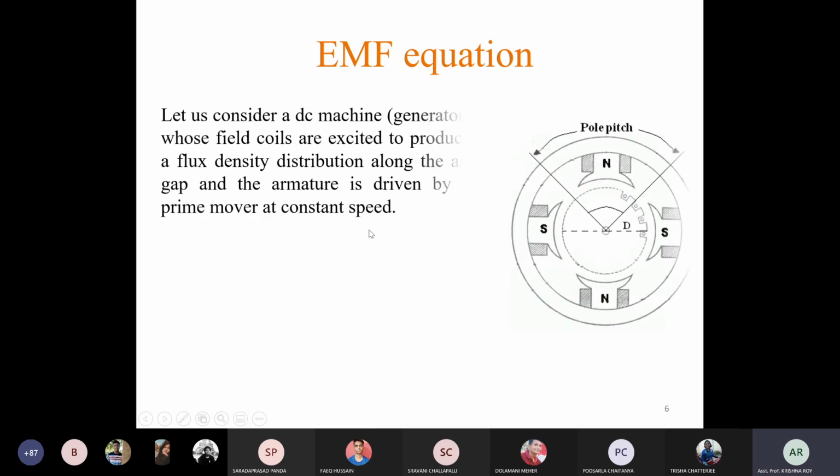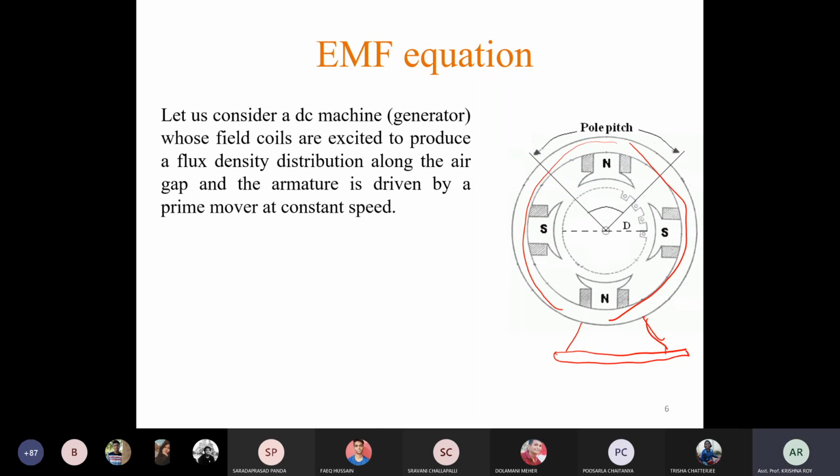So first of all, this is a cross sectional view of a DC machine which will be operating as a DC generator. So you can see this is the static part, which is having some foundation or base fitted on the ground or some platform which is fixed.